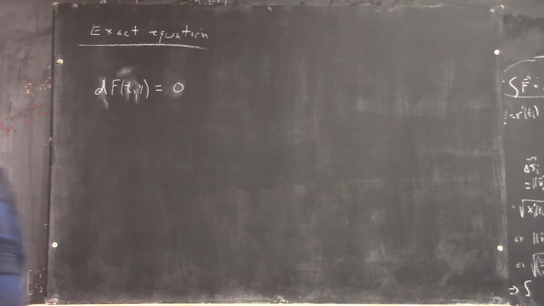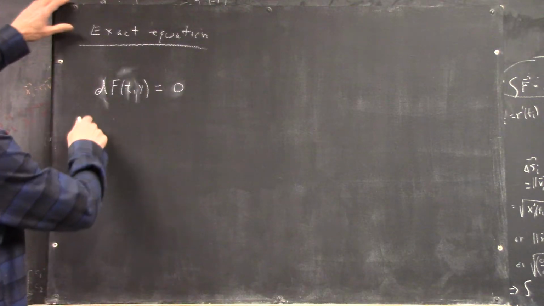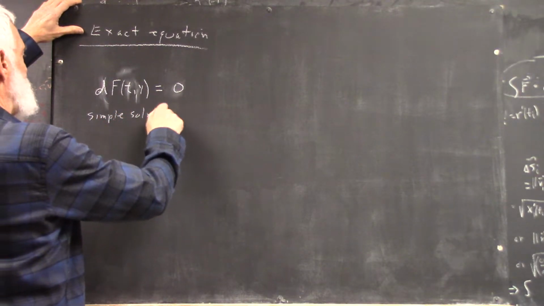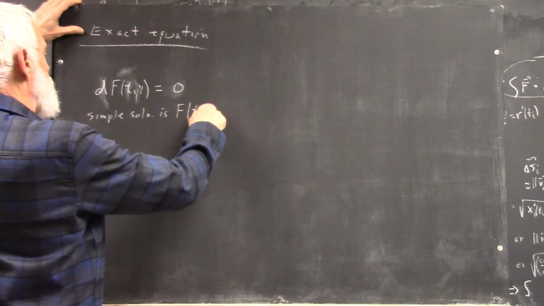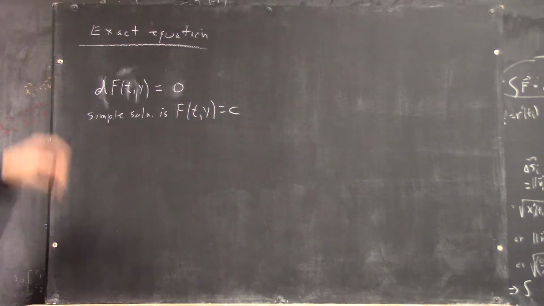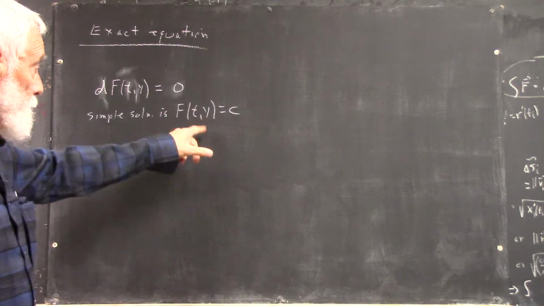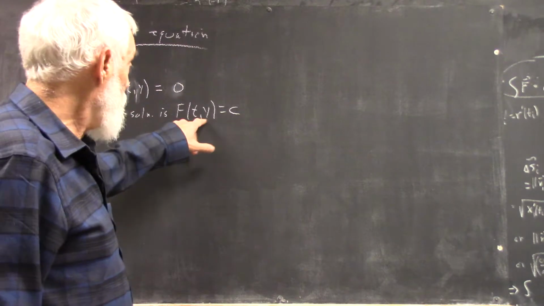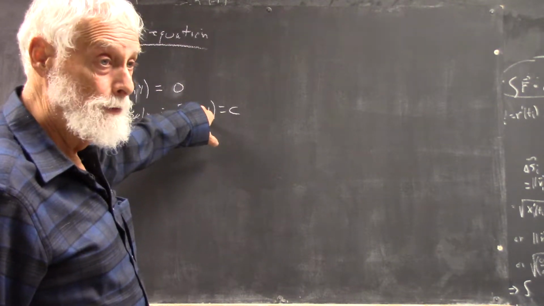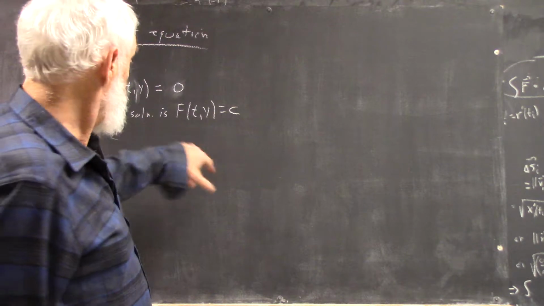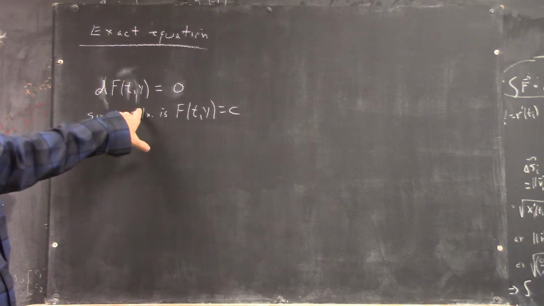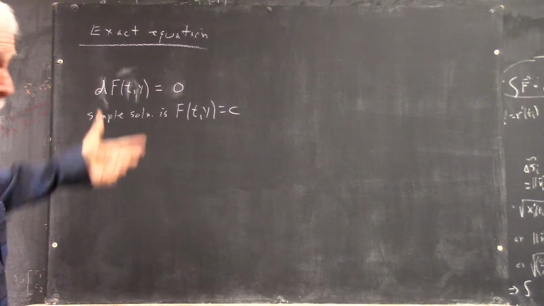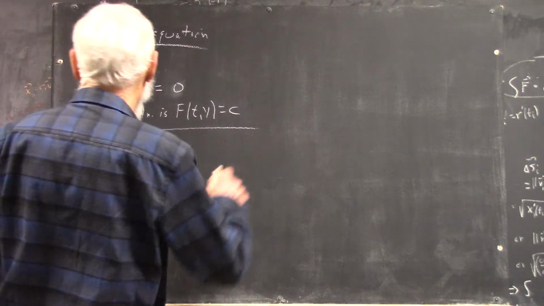This is an exact equation, and it has this very simple solution. If the differential is 0, then it's got to be constant, right? So if F of t, y is something you can solve for y, you've got your solution. Okay? Unfortunately, the equation doesn't look like this when you see it. I mean, if it does, you're pretty much done. Okay? The equation doesn't necessarily look like this. So, example.